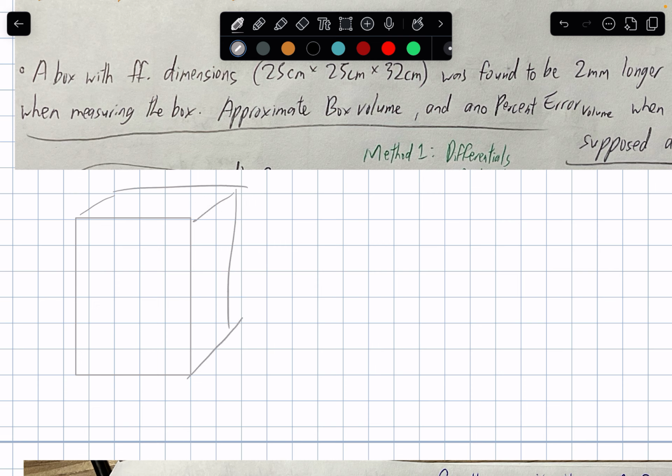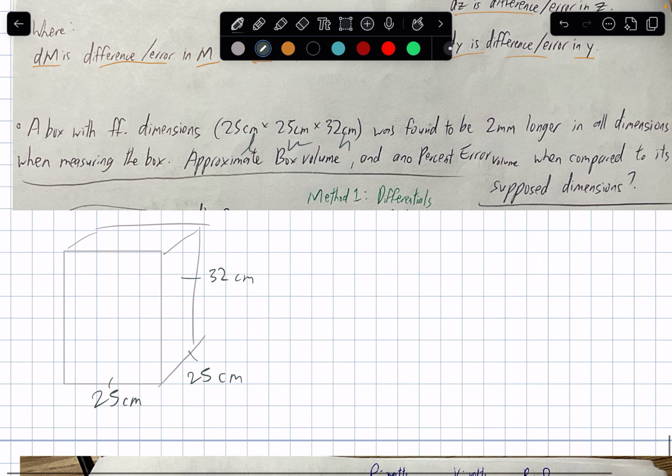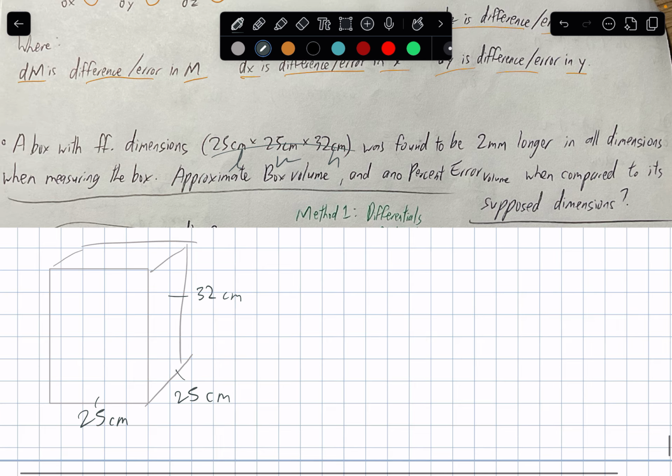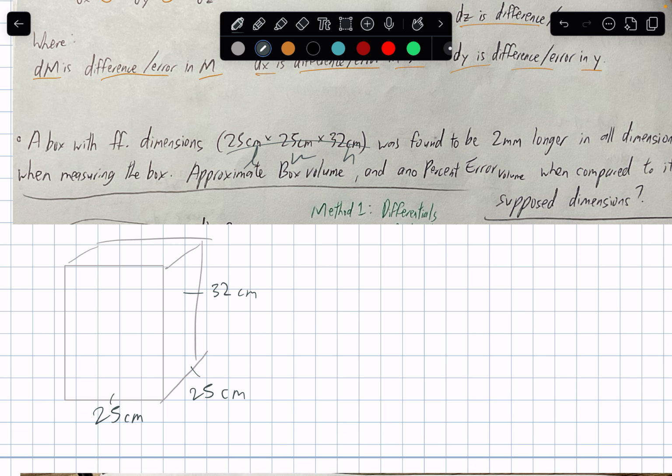So we have L, W, H, length, width, and height. And note that these are all in the unit centimeter. It was identified that these dimensions were 2 millimeters longer in all dimensions when measuring the box.